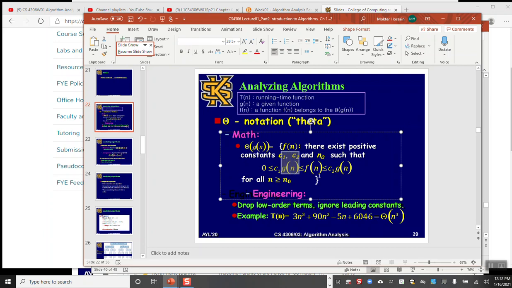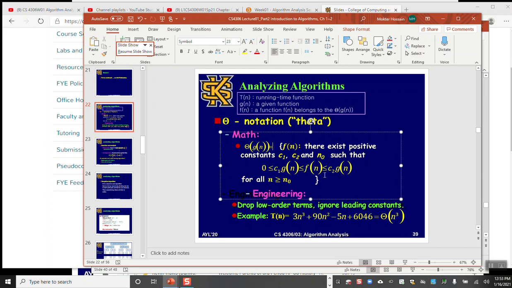g is a function of n, multiplied by c1, which is a constant, right? c1 is a constant, and n will be some constant value, so this will have a value. It is less than f of n, the original function. f of n is the original function, and g of n is f in terms of another function.